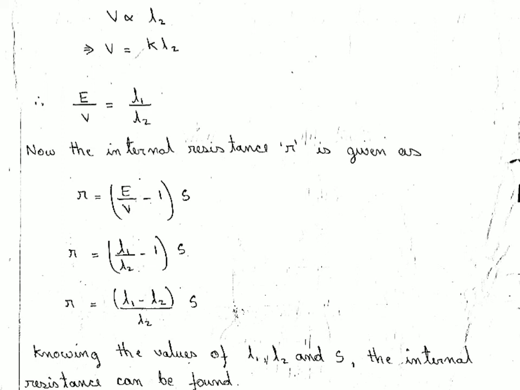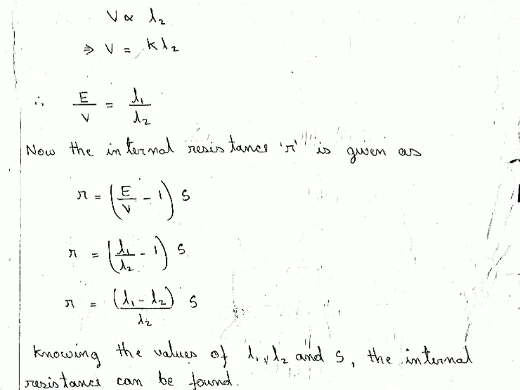Then we divide E by V. We get E by V is equal to L1 by L2. Now the internal resistance R is actually given as R equal to (E by V minus 1) into S. This is the expression for internal resistance of a cell, which we obtained in the last lecture.